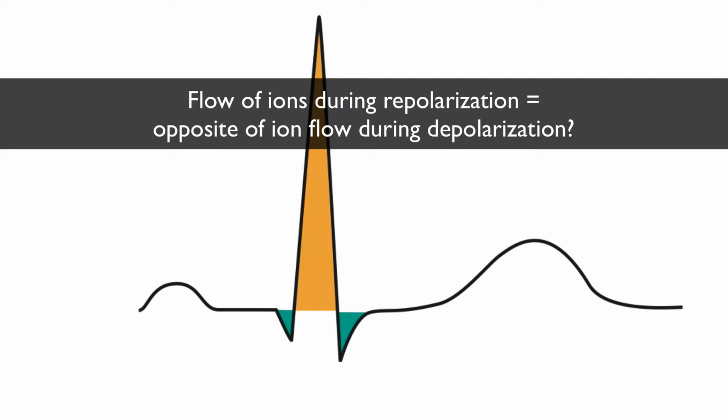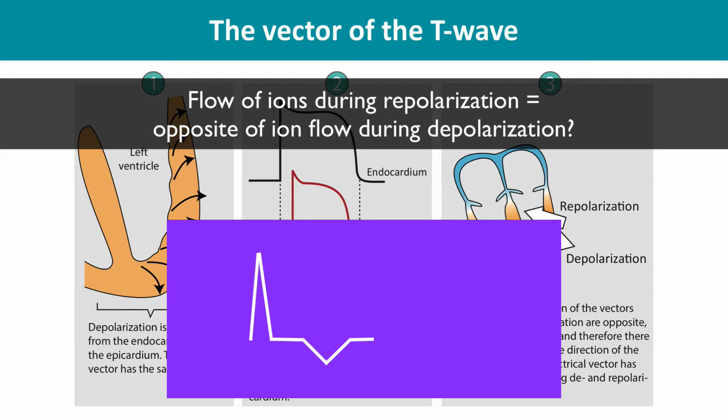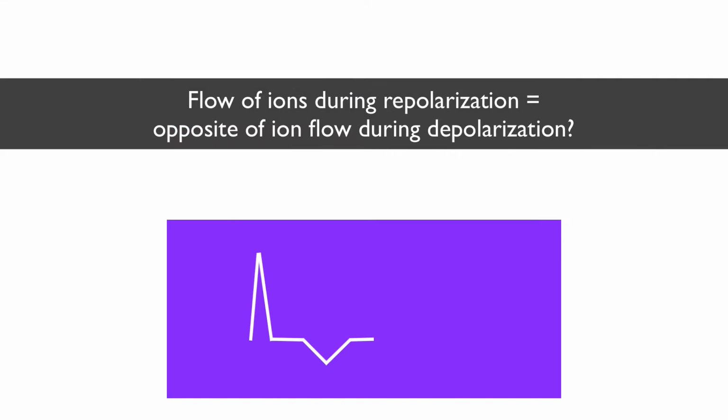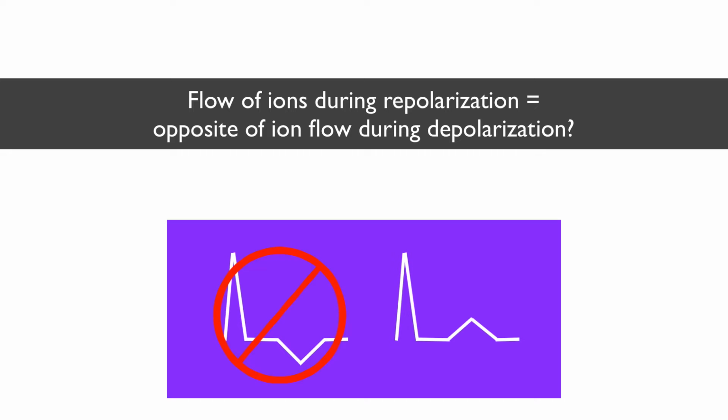So the flow of ions during repolarization must be opposite to the flow of ions during depolarization. So it would be logical if the QRS and the T had opposite direction, since the flow of ions is opposite. Well, the answer is both yes and no. The flow of ions is opposite during depolarization and repolarization, but the T wave is still positive. And this requires an explanation.